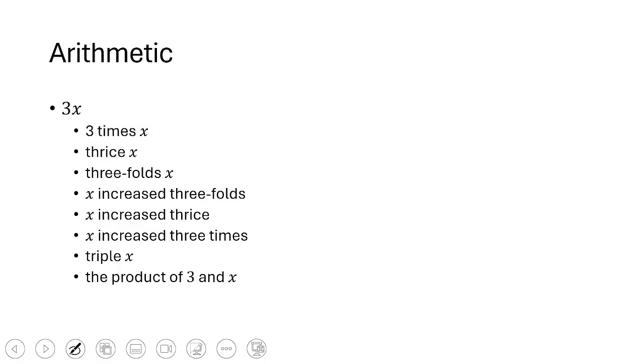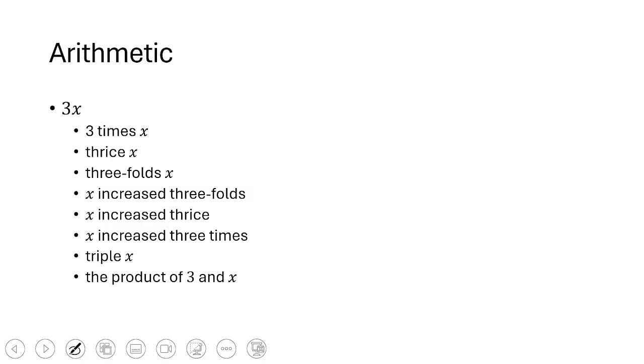So now we have multiplication. How we understood this from algebra, if you have a constant and a variable and you multiply them, you don't need to write the multiplication symbol. You just put 3 and x side by side.